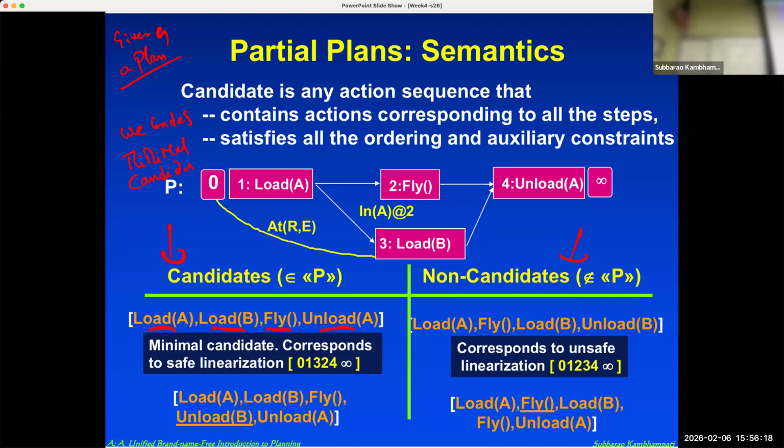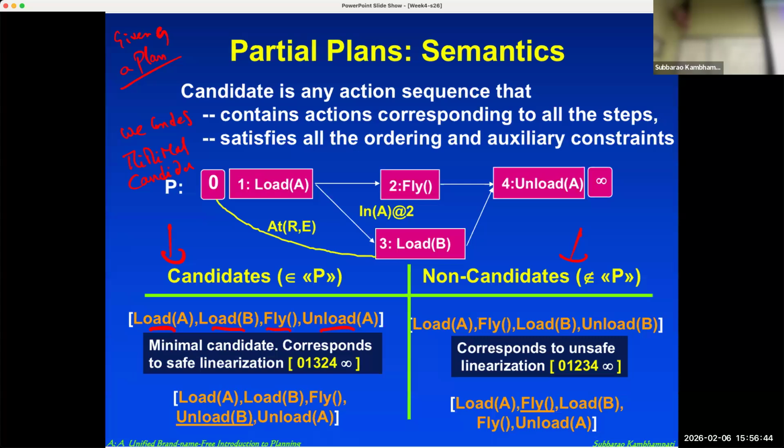Minimal candidates are the ones that only have the actions mentioned in the constraint set, and no more actions. And they would be found for any plan, even with the precedence relations. So if it's a plan space plan, every topological sort of the plan space plan will be a minimal candidate. You can check if any one of the minimal candidates is a solution.